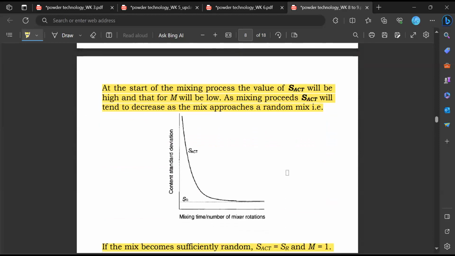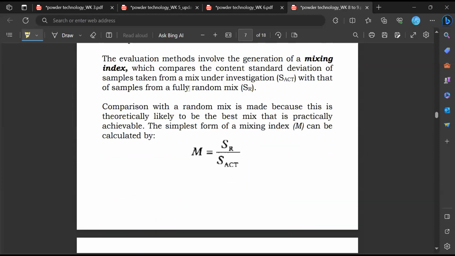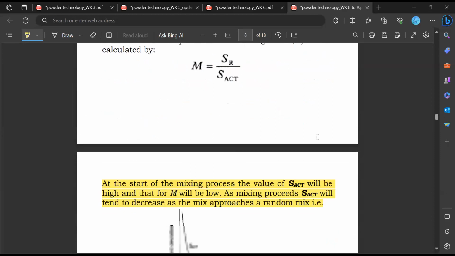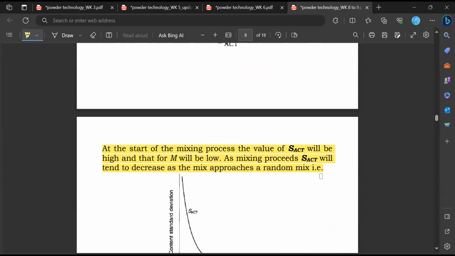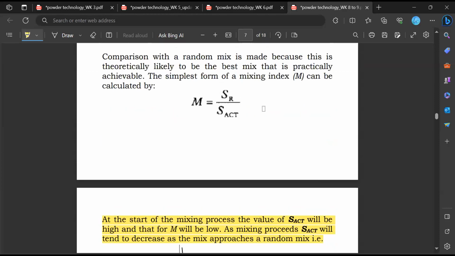So when you plot a graph, you expect to see SACT higher compared to the random mix.